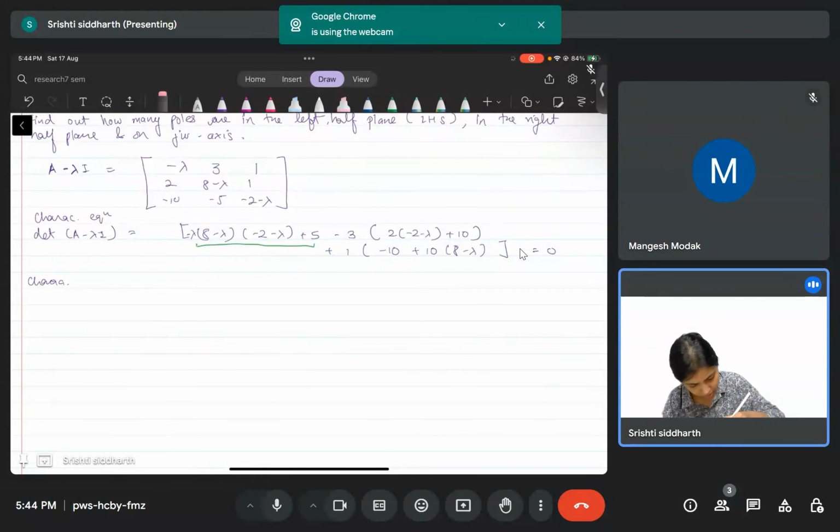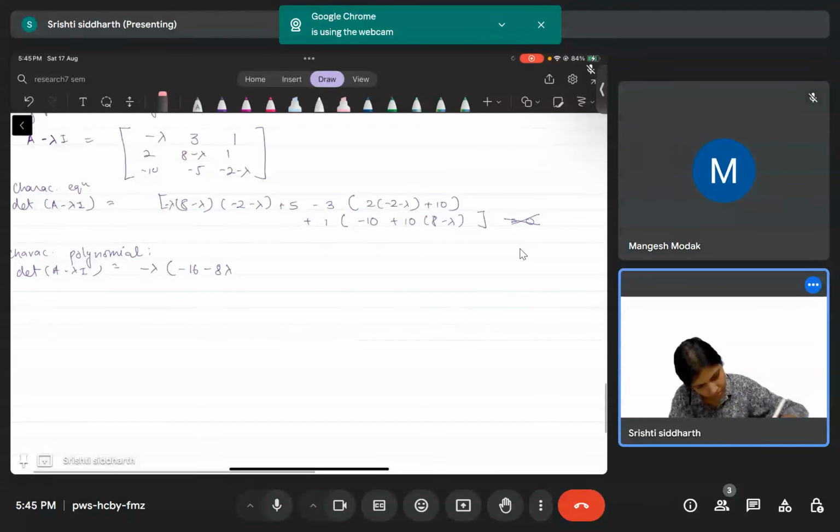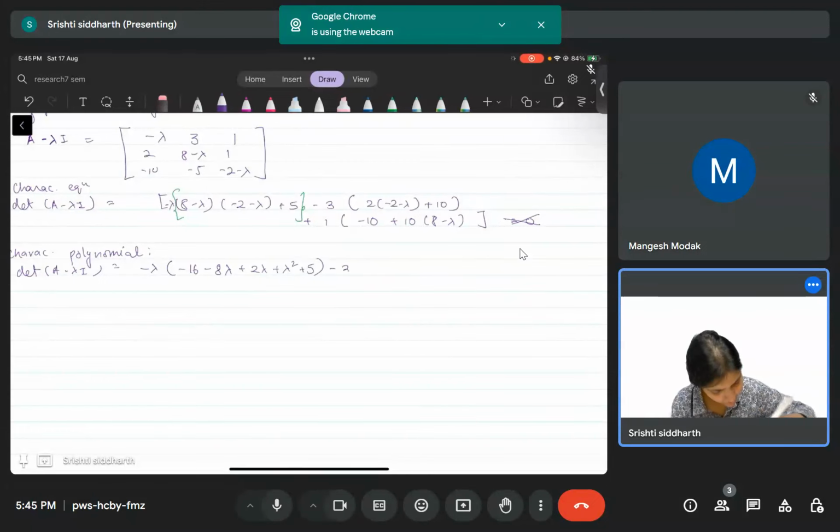Let's calculate the characteristic polynomial. So this is going to be times 5, then we have minus 3.